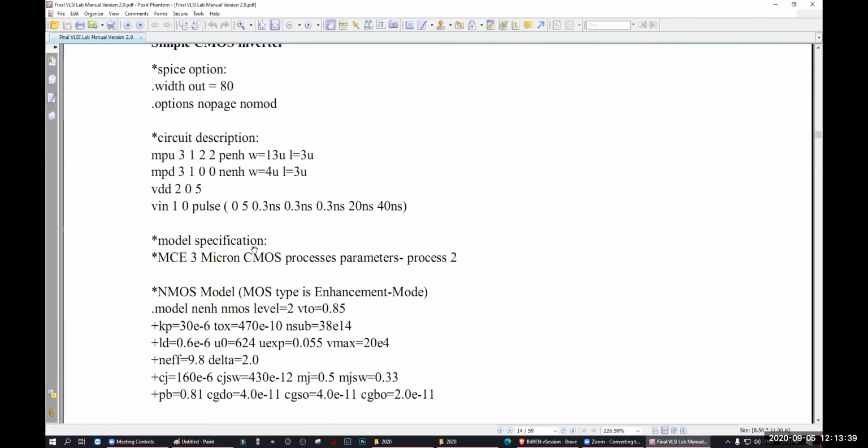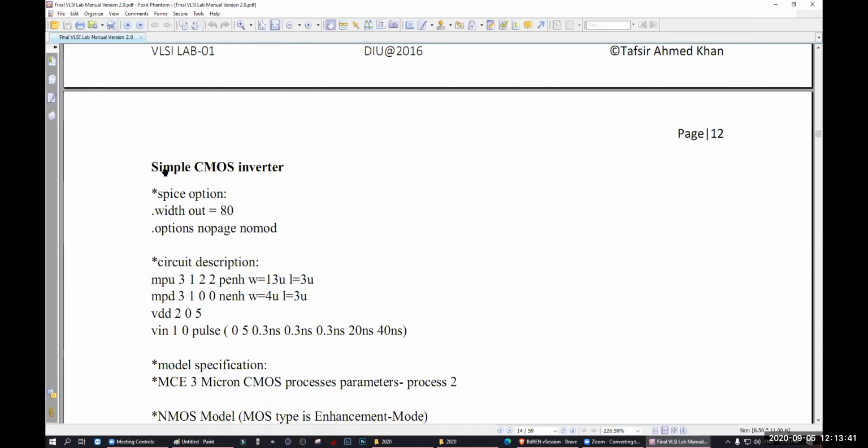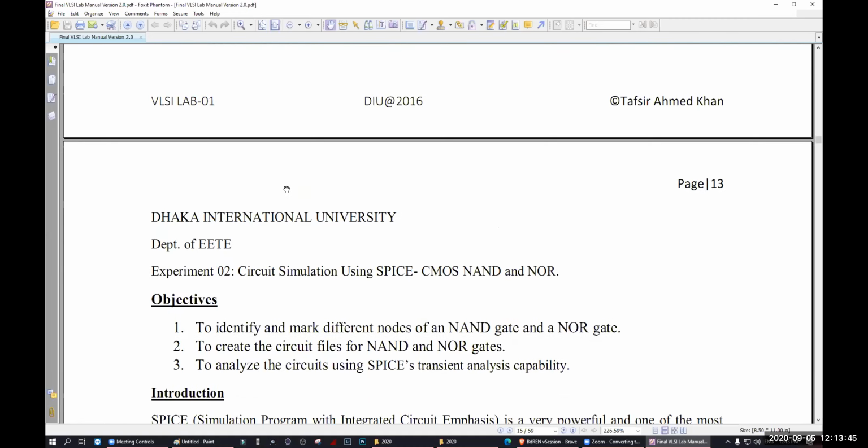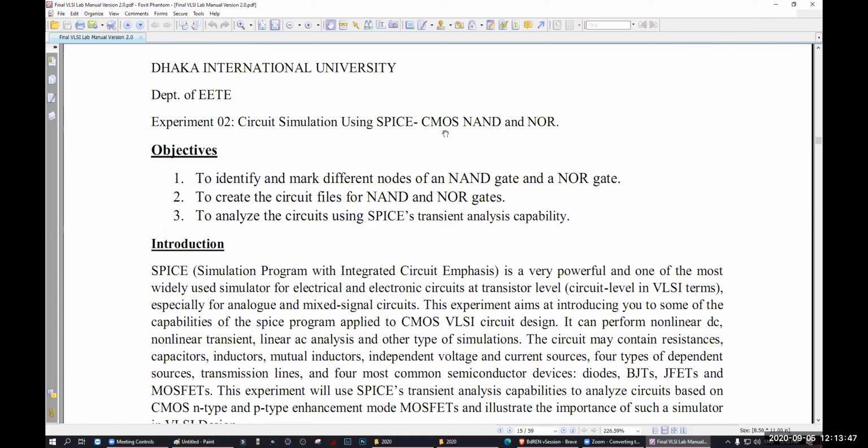Remember, this was our first lab, for a simple CMOS inverter. Today we will be doing a bigger circuit called CMOS NAND and CMOS NOR. I'm going to do CMOS NAND and you are going to do CMOS NOR.